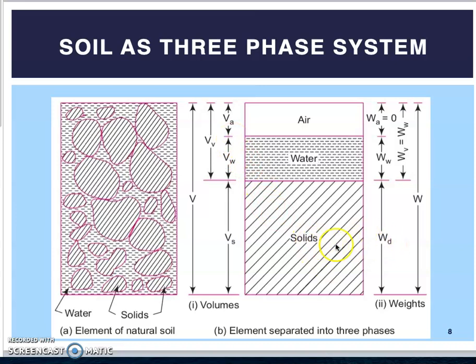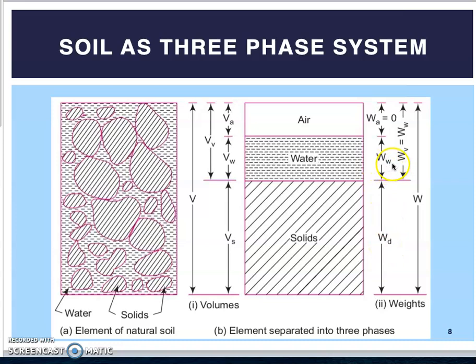Now the same thing can also be represented in terms of weights. So weight of solids will be represented as WD. D actually stands for dry weight. Now why do we call it dry weight? Because water we are considering separately, so this weight of solids is exclusive of weight of water. So this is called dry weight, WD.